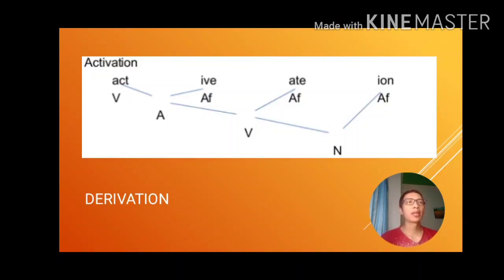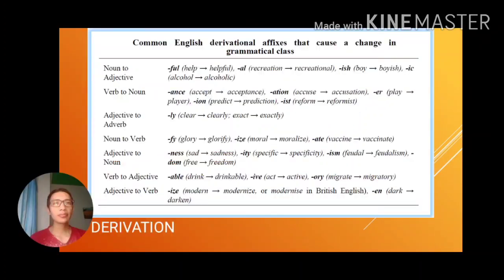When you add another suffix like ion, the word changes from verb into noun. It becomes activation. So syntactically, this word changes from a very basic form to another syntactic class, and of course in terms of meaning, this word changes too.